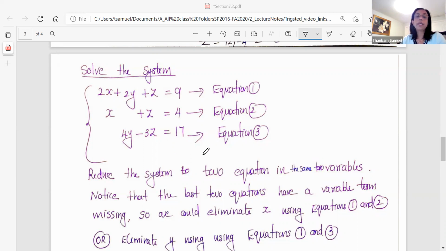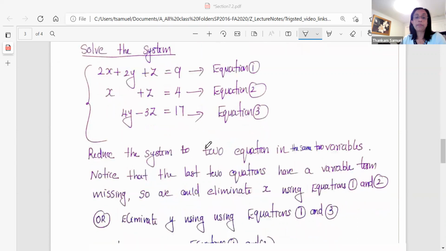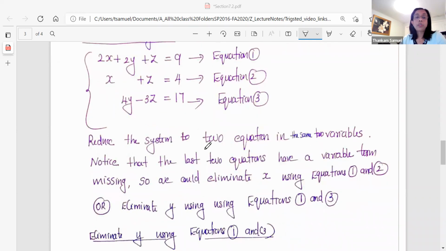There are two options. We could eliminate x by using equations 1 and 2, or eliminate y using equations 1 and 3. Let's eliminate y using equations 1 and 3.